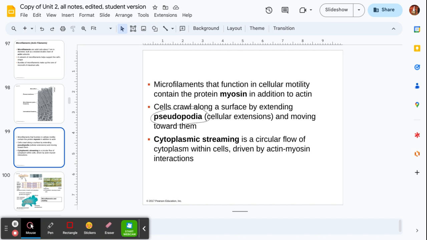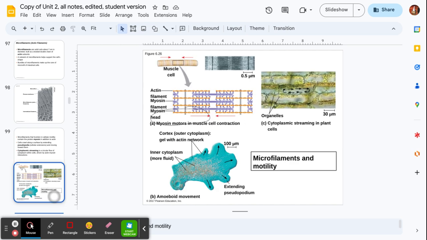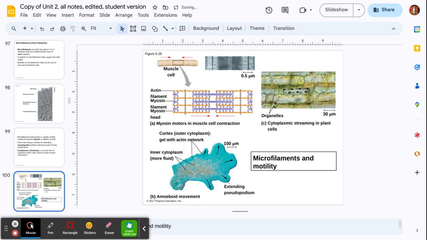Let's see if I can get a picture of that. So here is an amoeba. An amoeba is a single cell critter that lives in the water. And here he's kind of extending out in a couple different directions. He's extending out here and here and here and here and here.